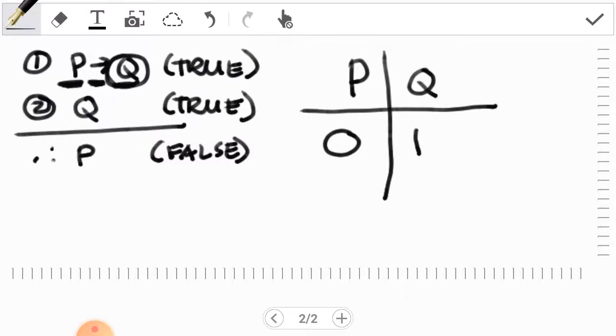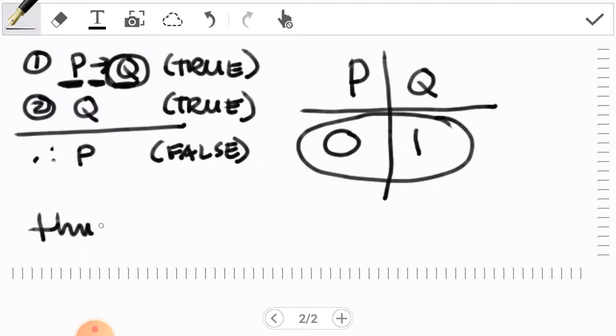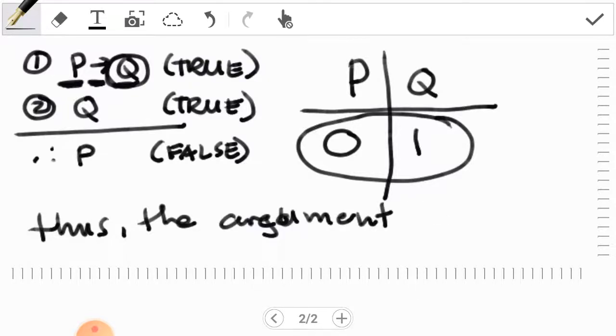You will now find here that if we set P to 0 and Q to 1, the first premise is true, the second premise is true, and the conclusion is false. Thus, the argument is invalid.